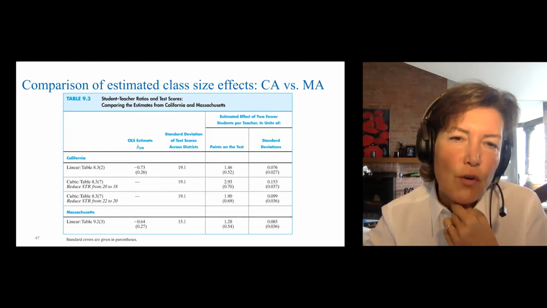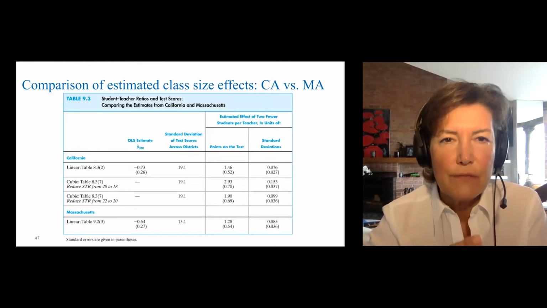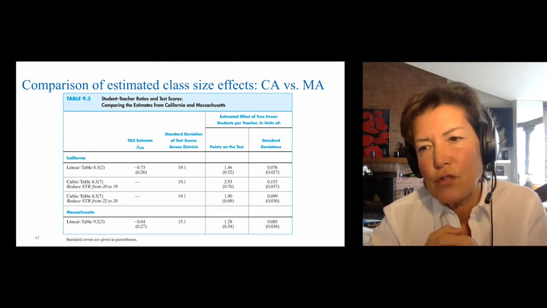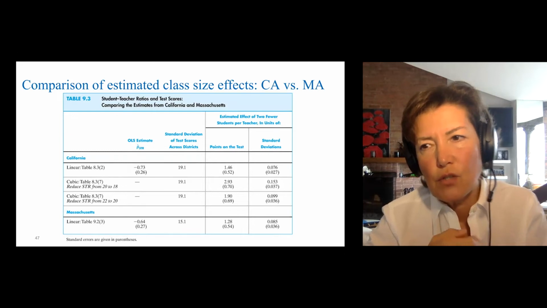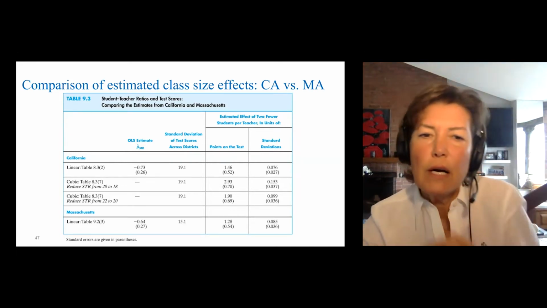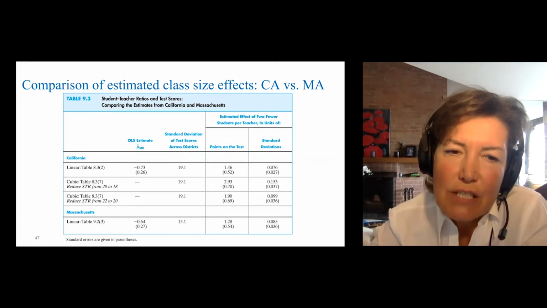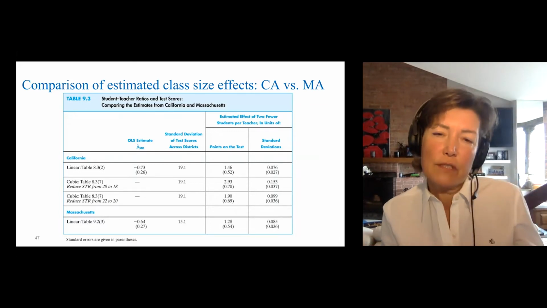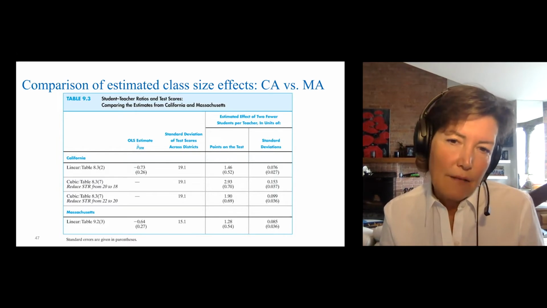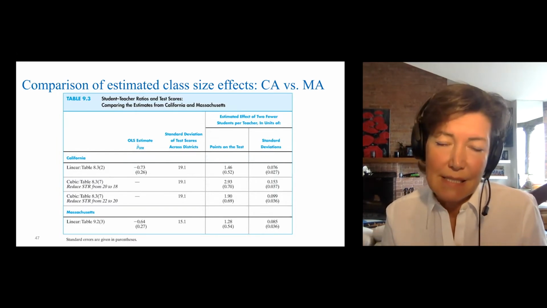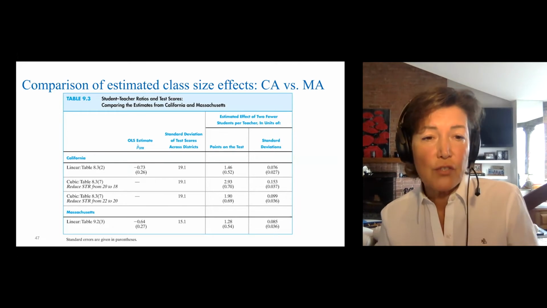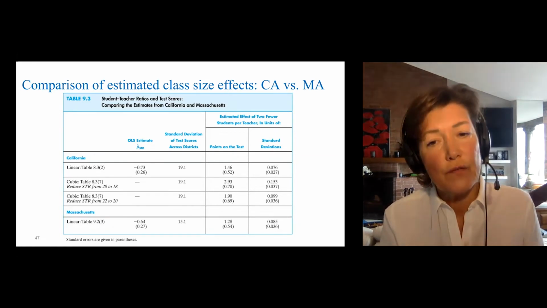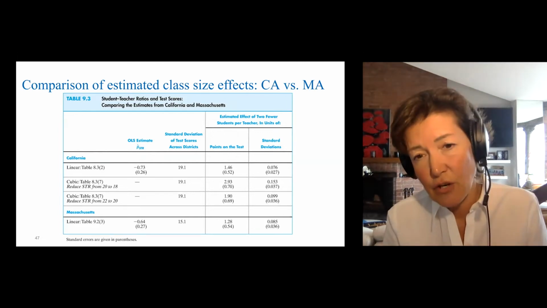And we're also going to compare different samples. For example, this is comparing Massachusetts to California. If we do the same regression in Massachusetts, will we get the same result? Massachusetts is a very different state than California in terms of tests, student-teacher ratio, income levels, immigrants, percent English learners, and so forth.